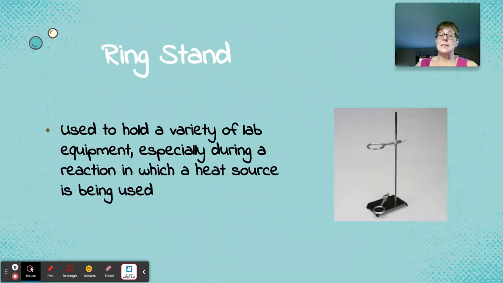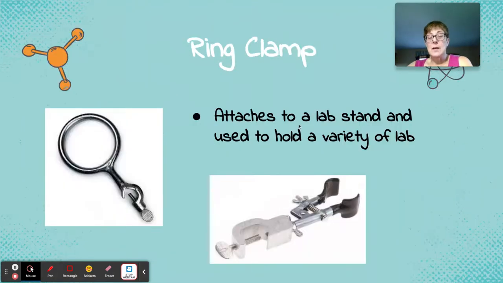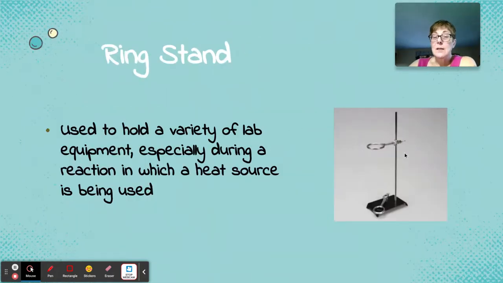Here's the ring stand. So if you look, let's go back. Here's the ring clamp. So what we do is, this is called a ring stand. We put a Bunsen burner down here. We would put the ring stand here, and we have the ability to put it up or down. And then since it's round, we can put some kind of surface over top of it, usually a wire mesh, and then we could put a beaker on top of it to heat it.